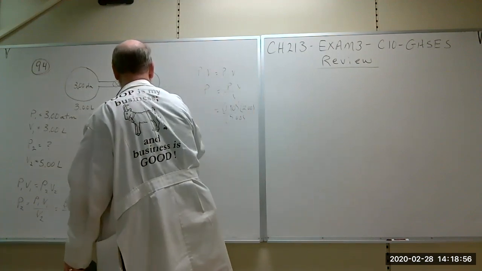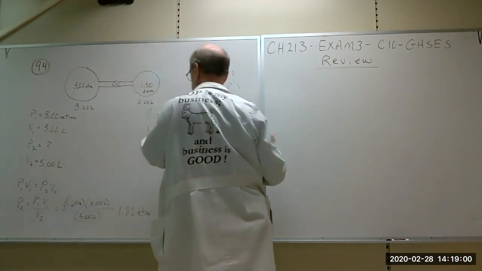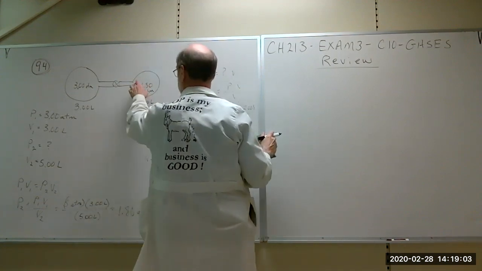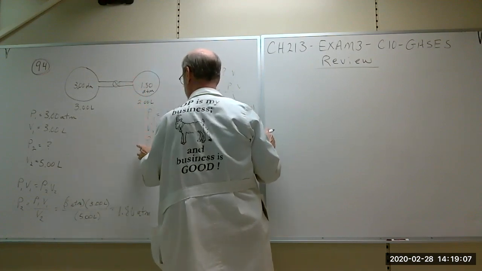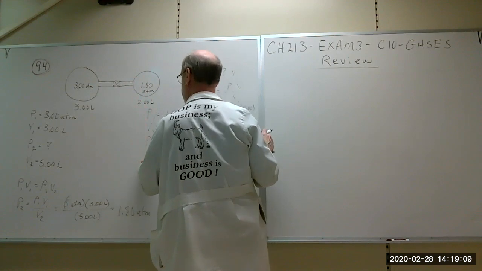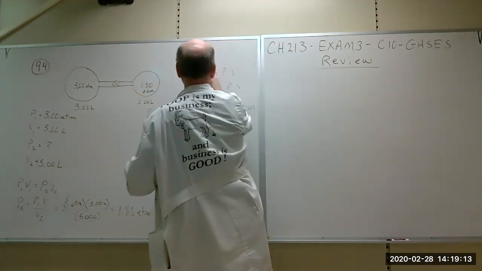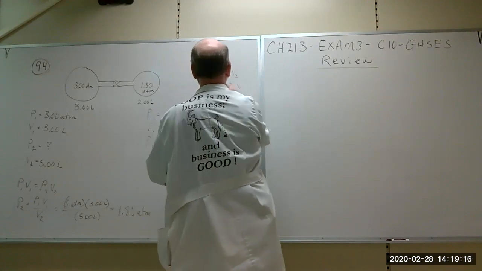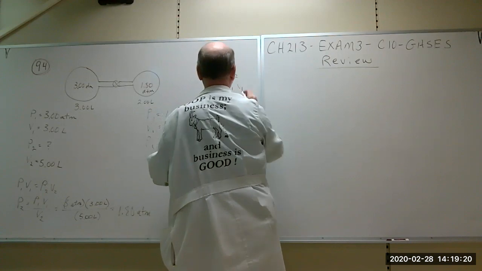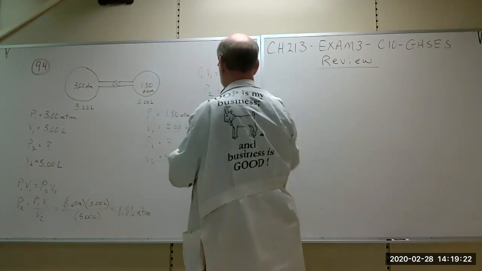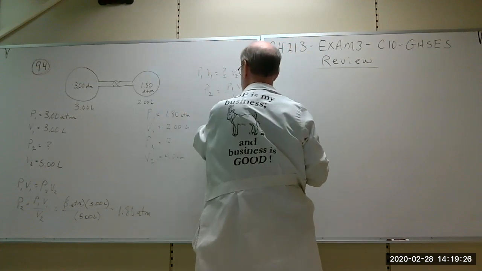Now let's see if it works. Just make this 3, 4, 4. Okay, so initial pressure is 1.8 atmospheres. Initial volume is 2 liters. Final pressure unknown. Final volume 5 liters. Okay. P3, V3 equals P4, V4. Solve for the P4. P4 equals P3, V3 over V4. That's right. Okay, now let's plug it in. P3 is 1.8.